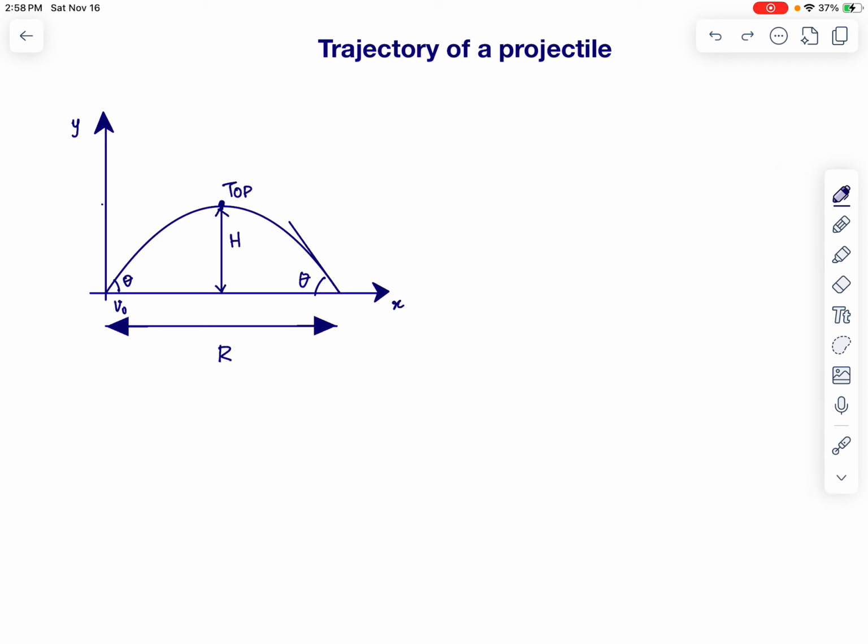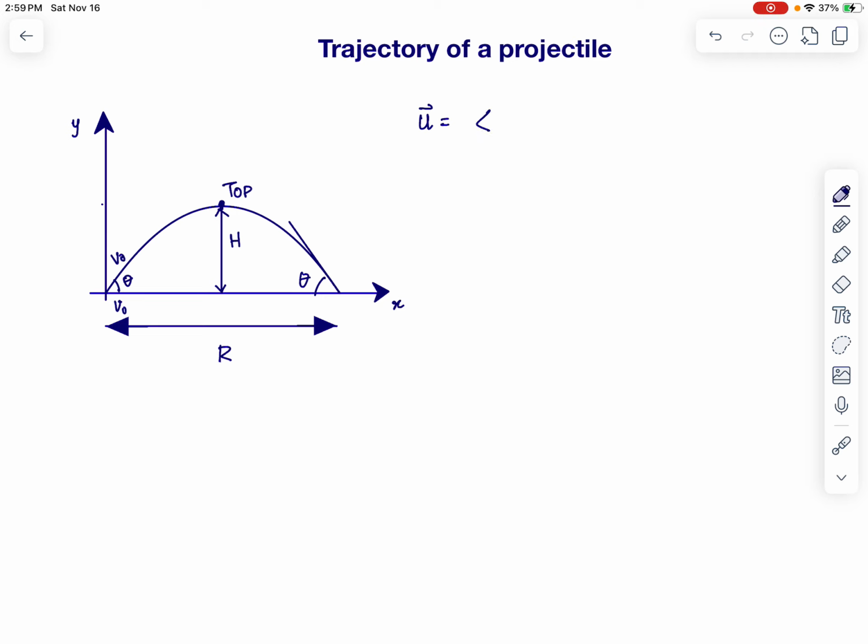So let's do this. Initially the projectile is launched at an angle theta to the horizontal, with a velocity equal to v0. Now we can write this initial velocity in vector form, like this.